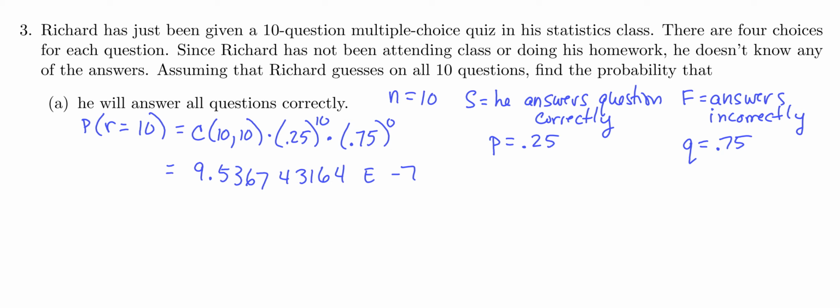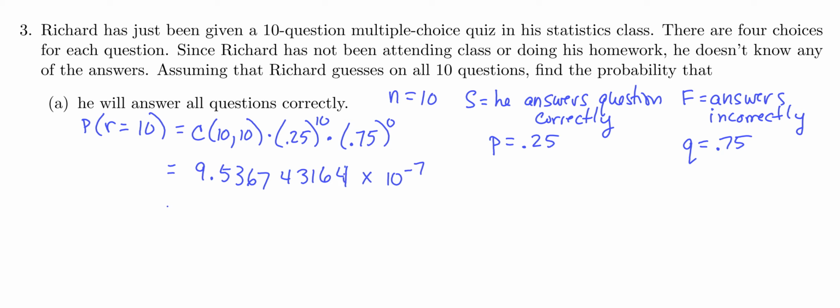Remember that if your calculator displays something like this, it's giving it to you in scientific notation. So this means 9.536743164 times 10 to the negative 7.